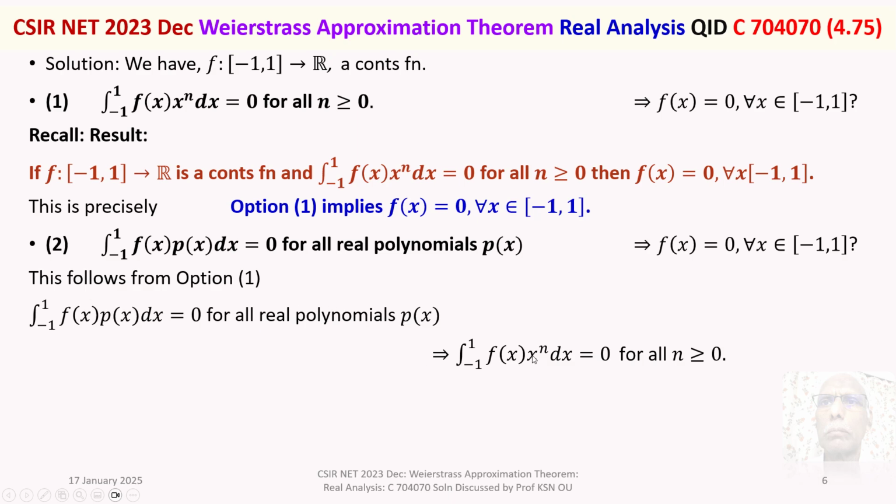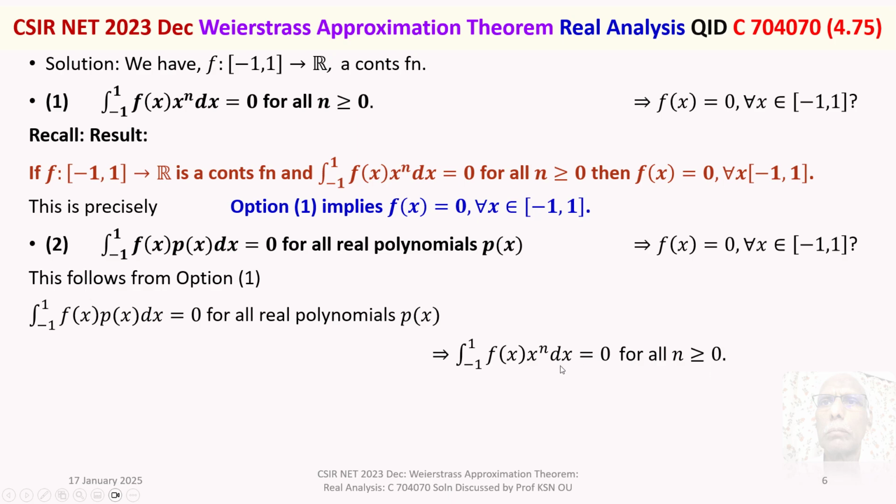So x to the power of n is also a polynomial. Therefore, integral -1 to +1 f of x into x to the power of n dx is 0. And x to the power of n is a polynomial for all values of n equal to 0, 1, 2, 3. That is n greater than or equal to 0. Therefore, integral -1 to +1 f of x into x to the power of n dx is equal to 0 for all n greater than or equal to 0.